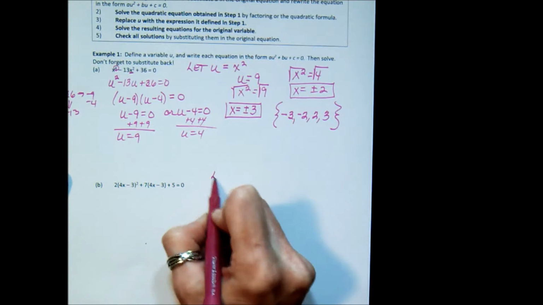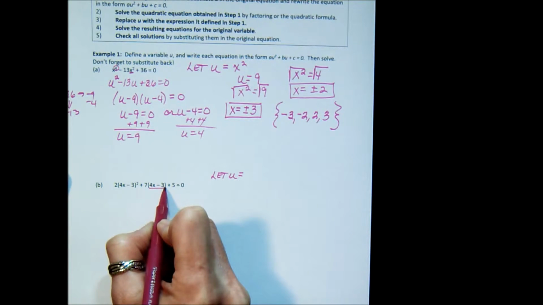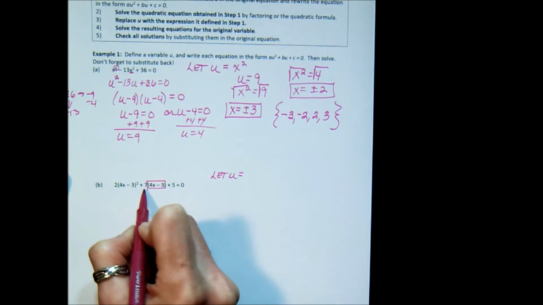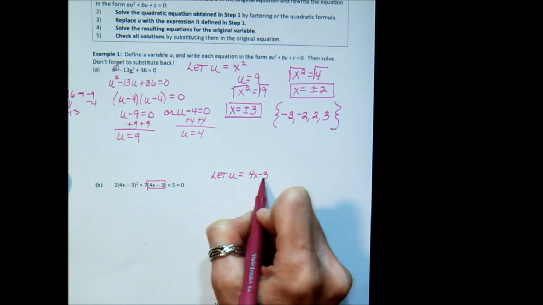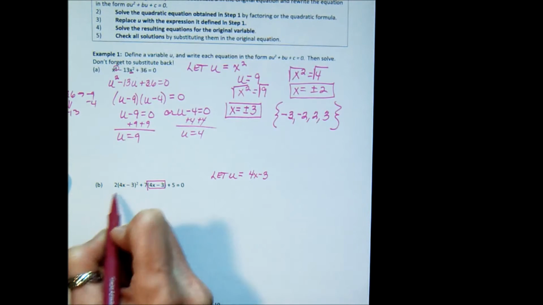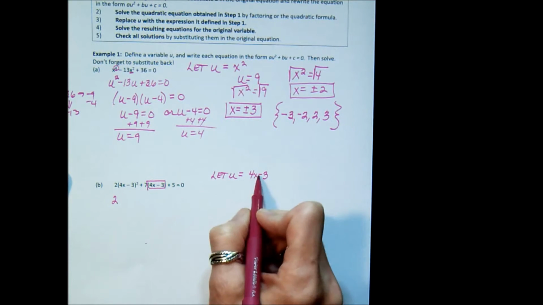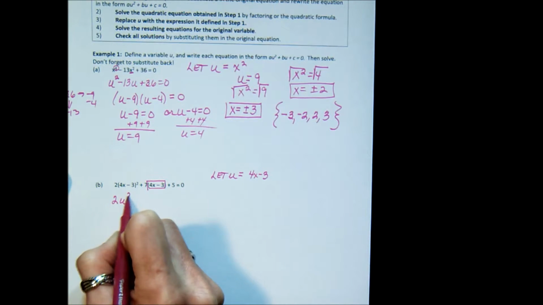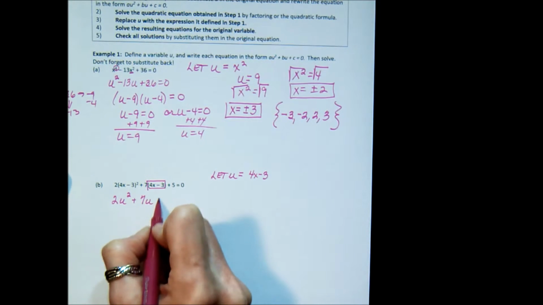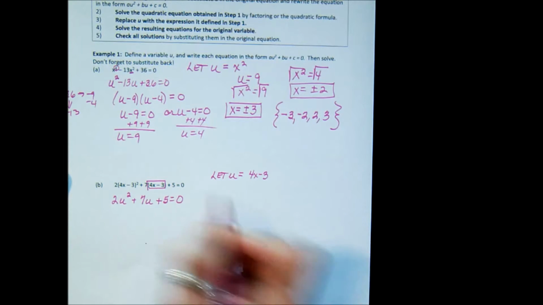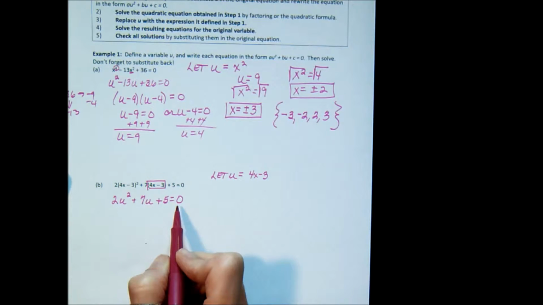So we're going to say, again, let u equal this middle term right here, not with its coefficient, but just this part. So it's going to equal 4x minus 3. So what that means is I have a 2, take out the 4x minus 3 and put in the u squared, plus 7, take out the 4x minus 3, u plus 5 equals 0. And I have a much simpler equation to solve.